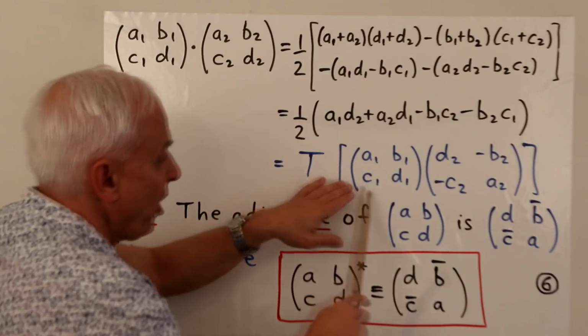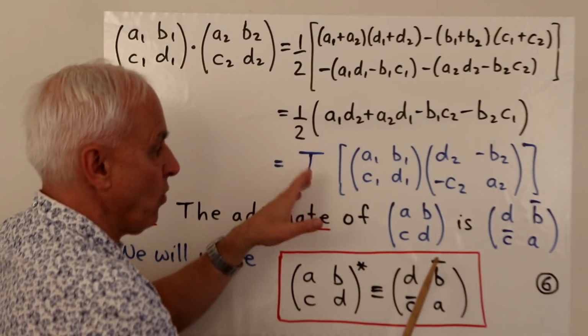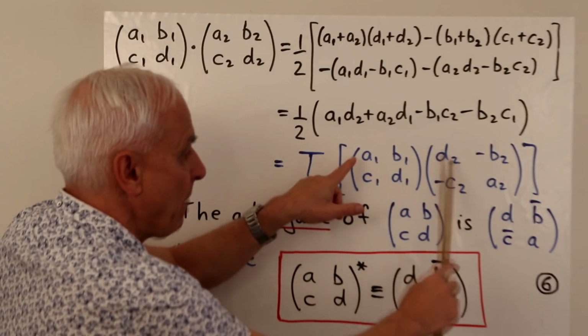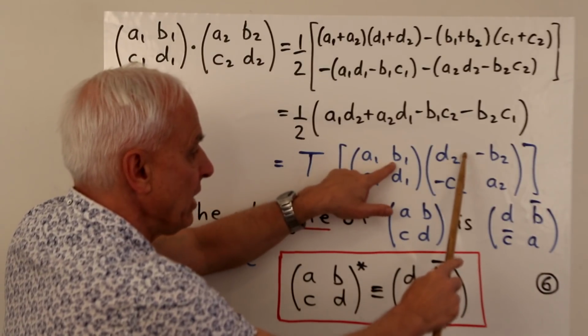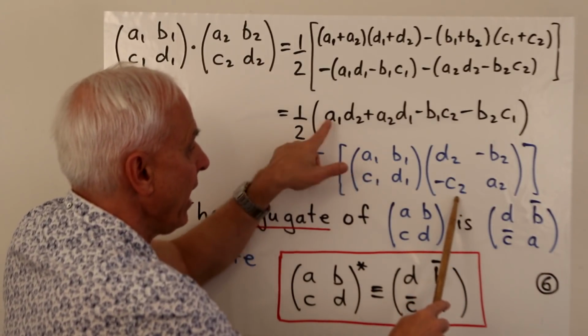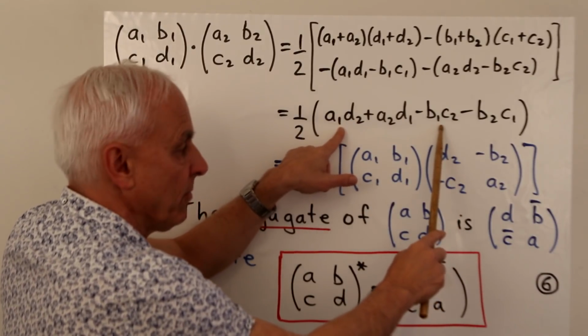So if you take the product of these two matrices, and then you take the half-trace, you're going to get 1/2 of the top entry here will be A1 D2 minus B1 C2. You're getting exactly these two terms.